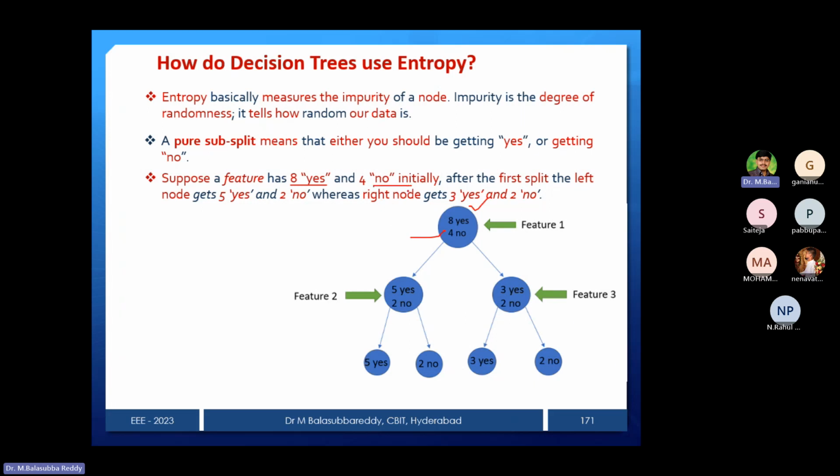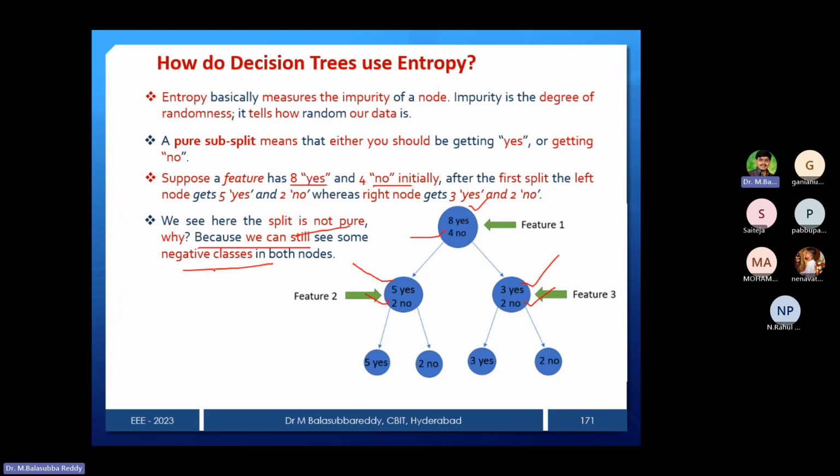After the first split, the left node becomes 5 yes and 2 no, and on the right side, 3 yes and 2 no. For feature 1, the split is not pure because we can still see some negative classes in both cases.